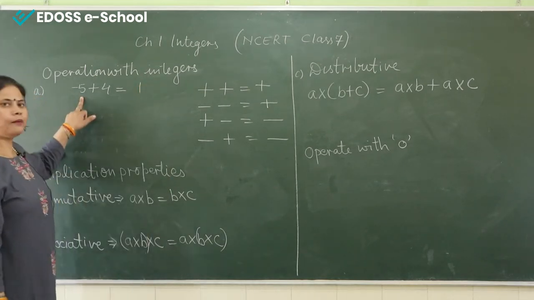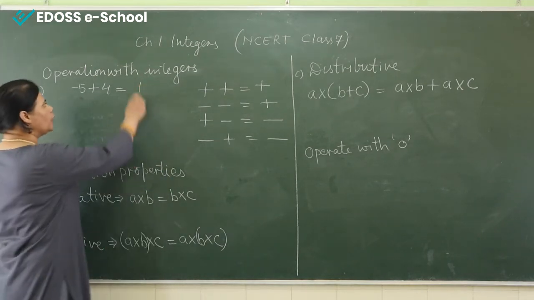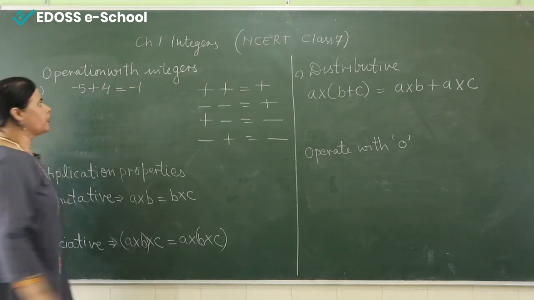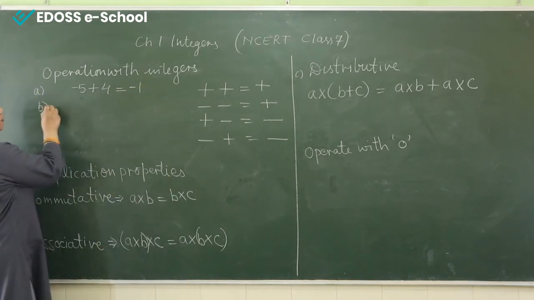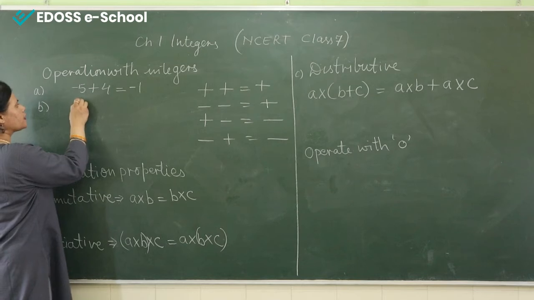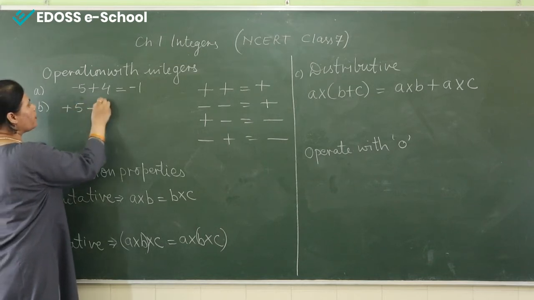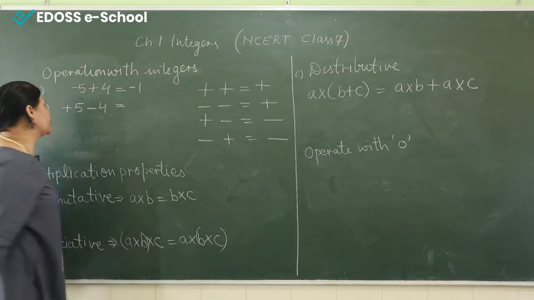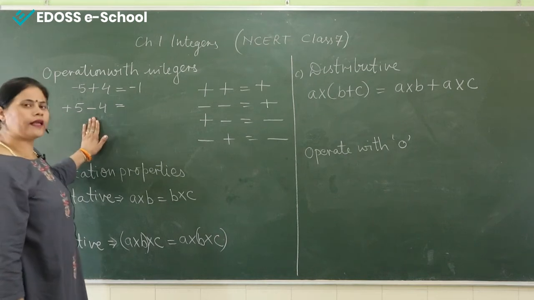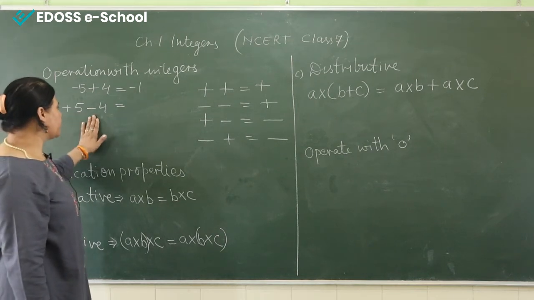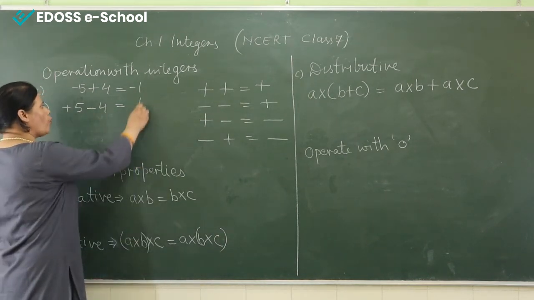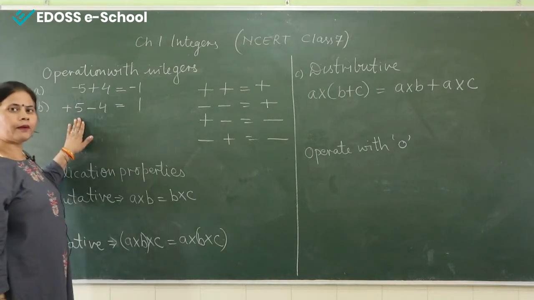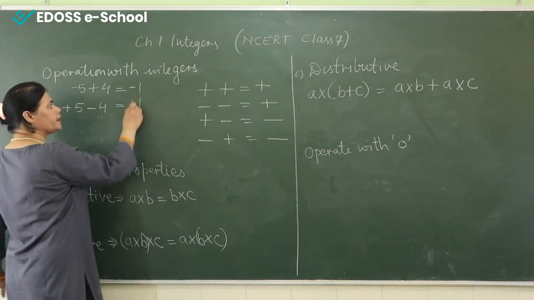Because the greater number is 5 and it has a minus sign, we will write down the minus here. Now come to the next. Again I am solving plus 5 and minus 4. Again 5 minus 4 is 1. But 5 is the greater number and it has the positive sign, so we will write down the positive here.